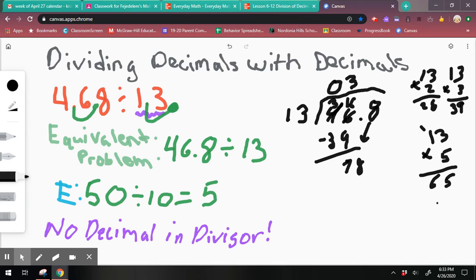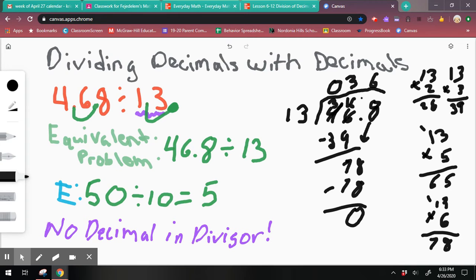Uh-oh, it looks like if I do 13 times 6, 18, carry my 1, 6 plus 1, 78. It can go in 6 whole times. 78. Subtract. I have no remainder, so I don't need to make it into a fraction.